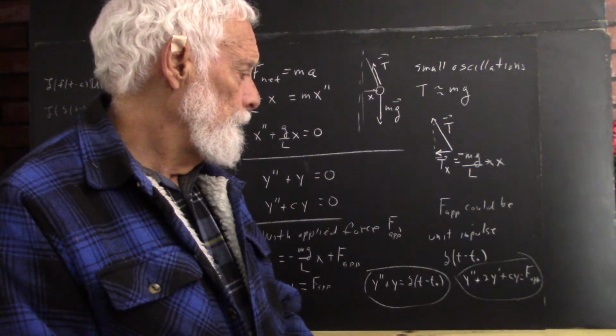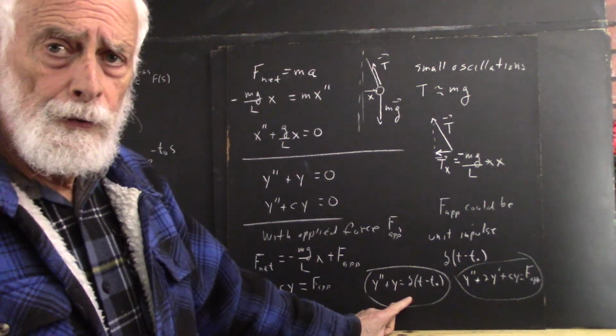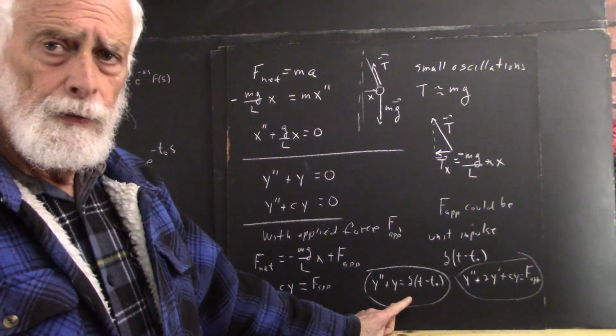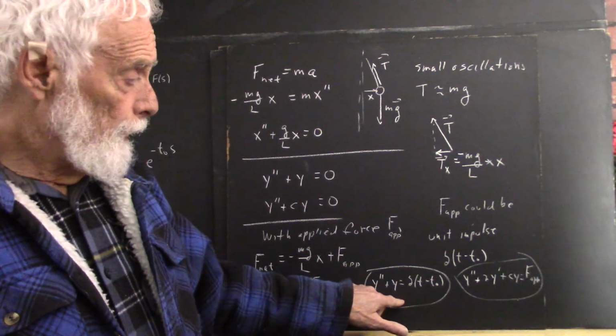The thing that we want to do now is we want to go to impulse forces which need to be handled with Fourier transforms. And that's really where we're at now, and we want to see how these things work out.